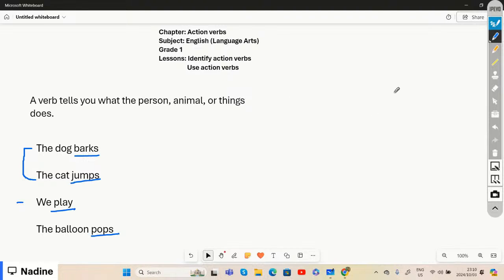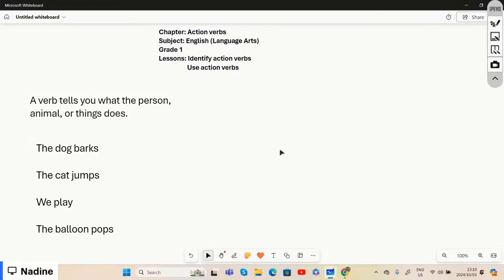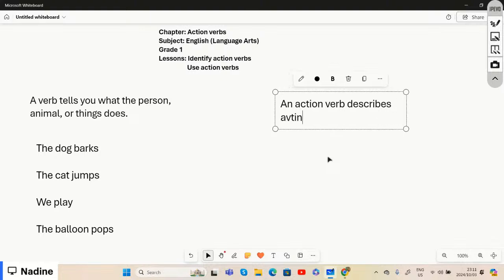And if we also look at more action verbs, so we basically said a verb tells you what the person, animal, or thing does. We can also say that an action verb basically describes action. It describes the action that takes place.